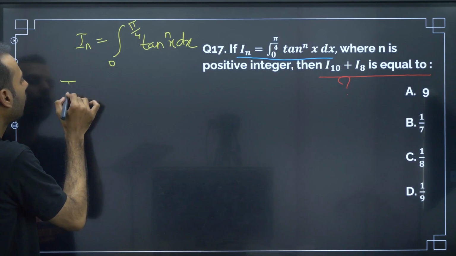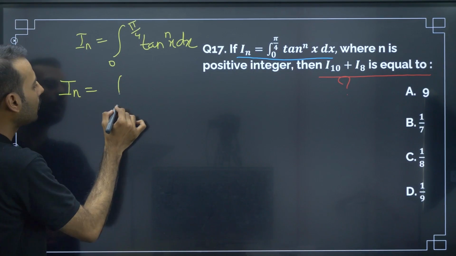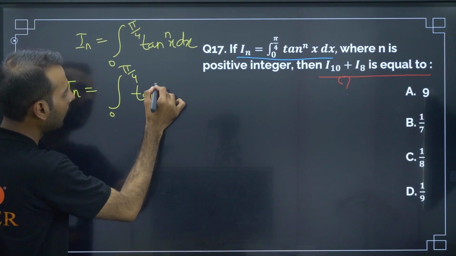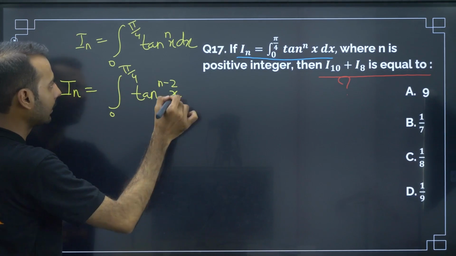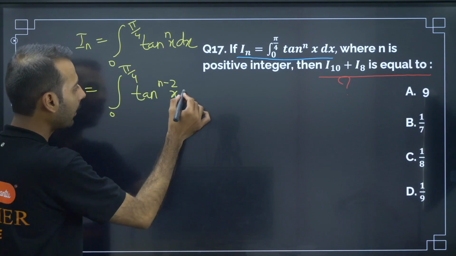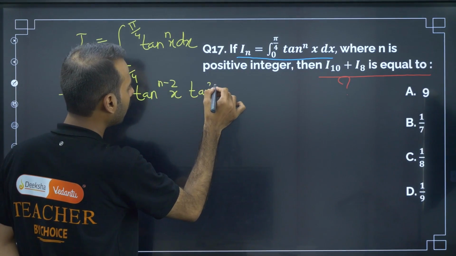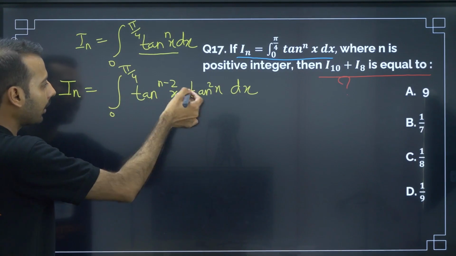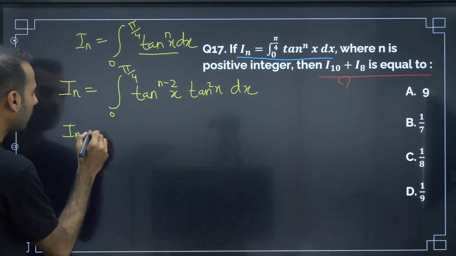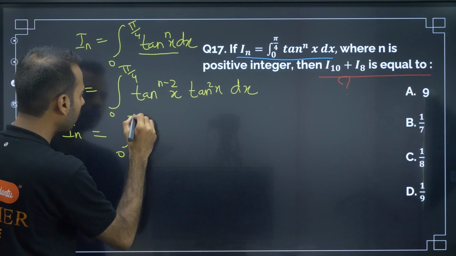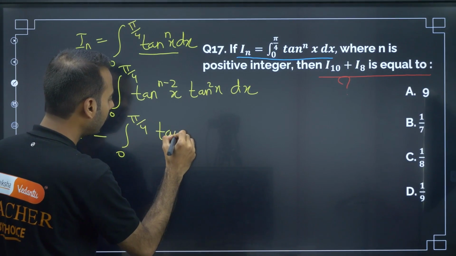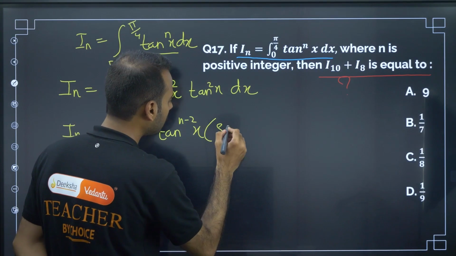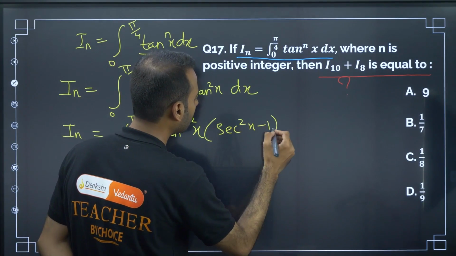So for that, let me write this. In is equal to the integral from 0 to pi by 4 of tan n minus 2 x, and then tan square x dx. Same expression, I am writing it like this. Next, in place of tan square x, secant square x minus 1.